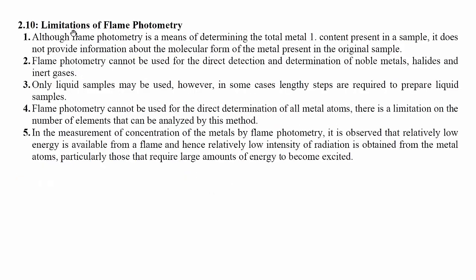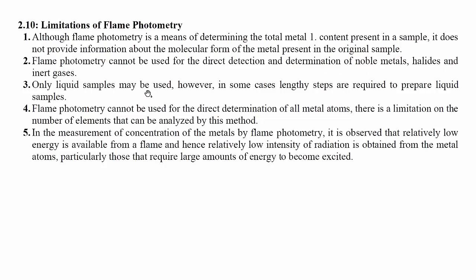2.10. Limitations of flame photometry. 1. Although flame photometry is a means of determining the total metal content present in a sample, it does not provide information about the molecular form of the metal present in the original sample. 2. Flame photometry cannot be used for the direct detection and determination of noble metals, halides and inert gases. 3.